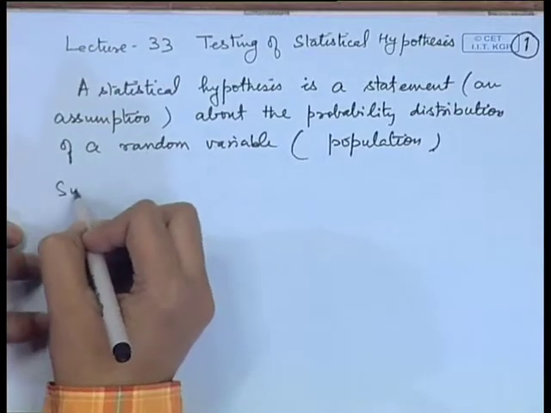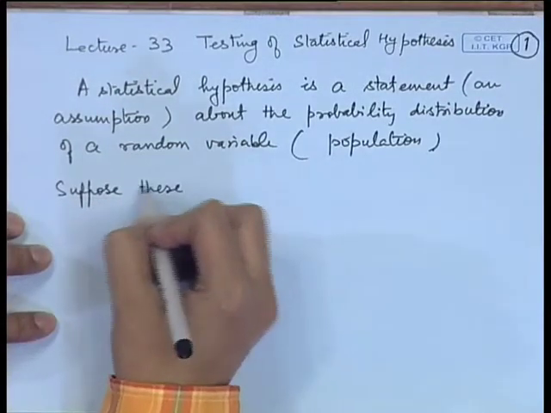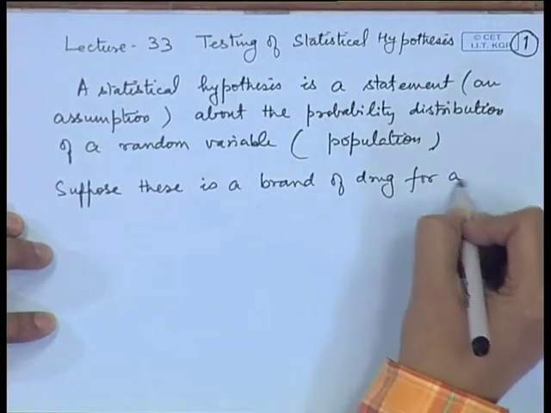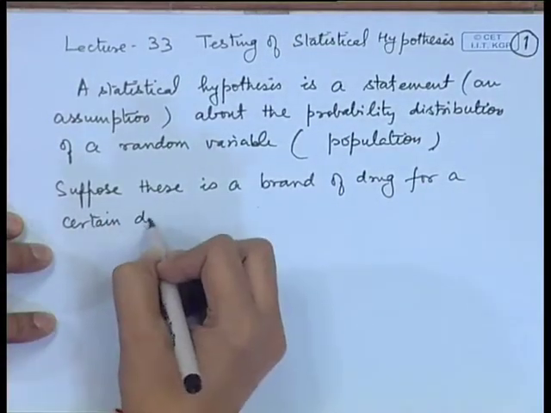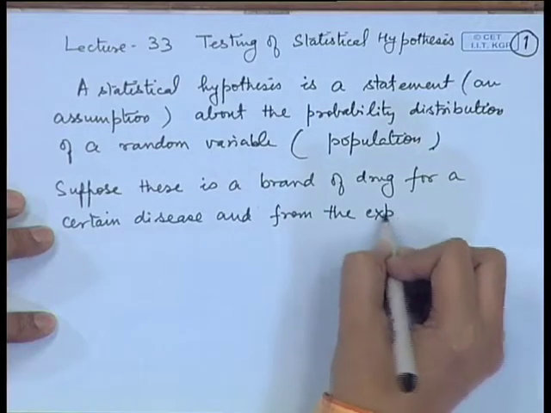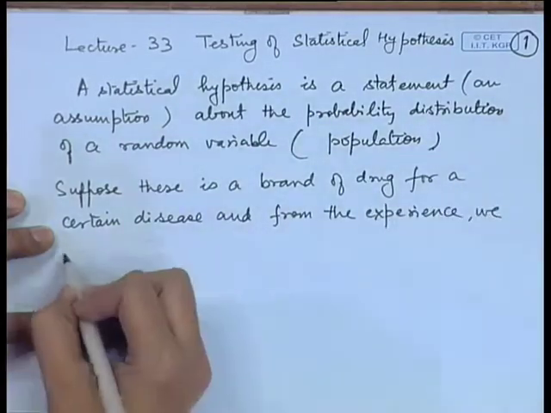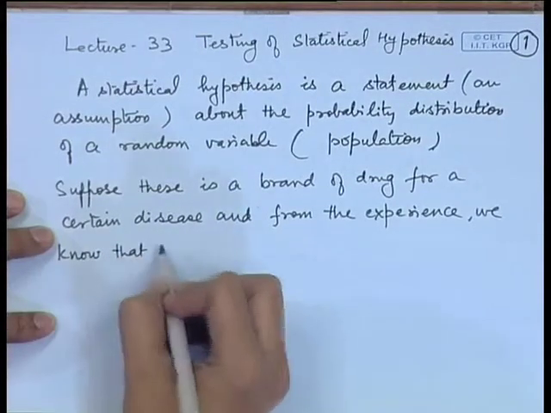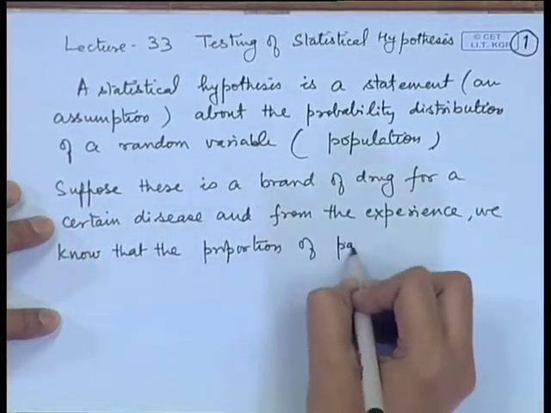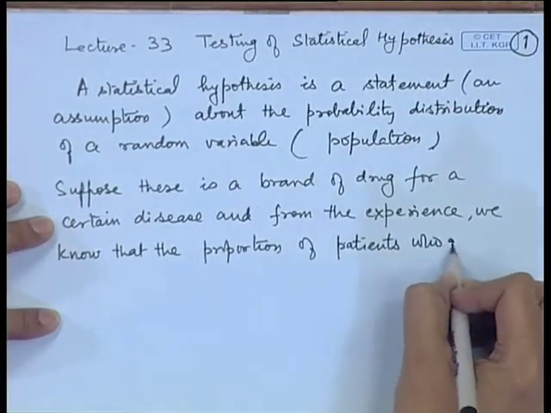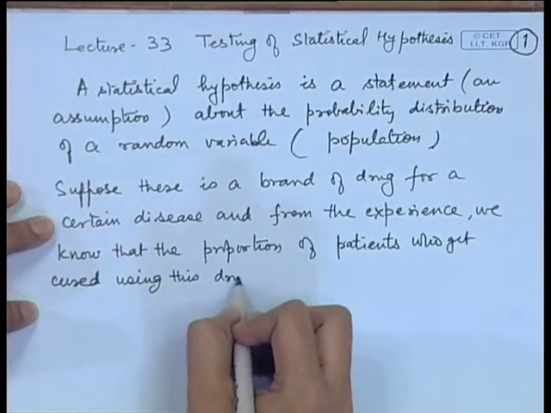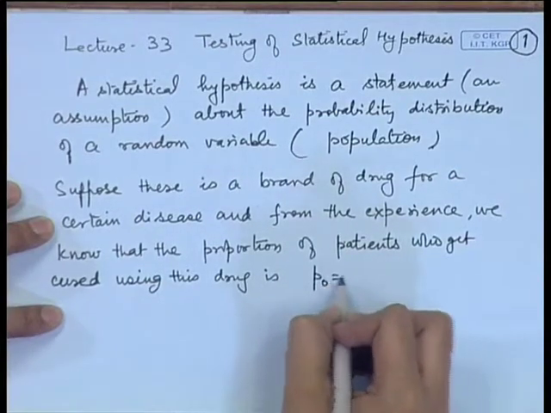Consider, say, suppose there is a brand of drug for a certain disease and from experience we know that the proportion of patients who get cured using this drug is, say, p naught, that is equal to 0.5.